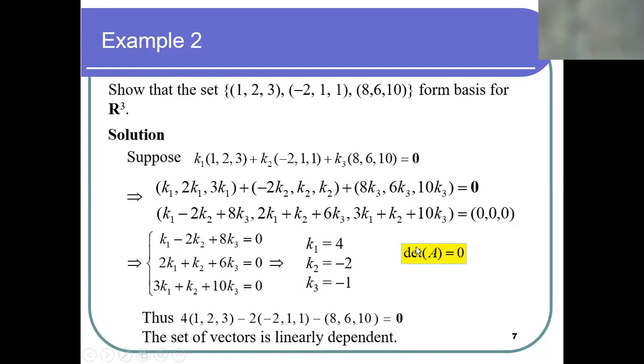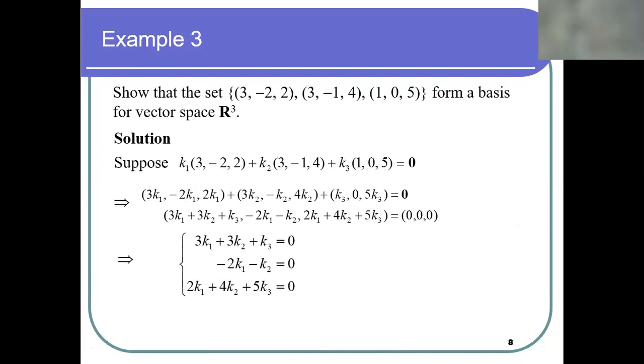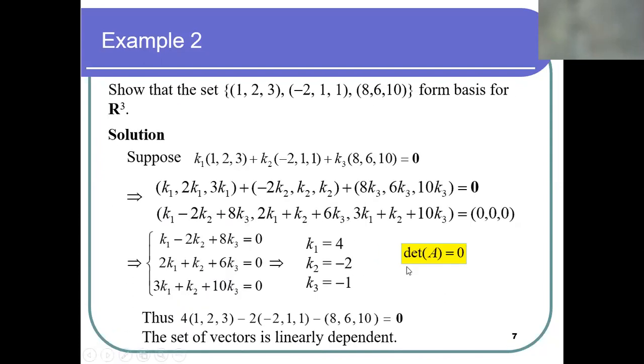But there is another way to find whether a set of vectors from any vector space is linearly independent or dependent. You can choose the determinant. From that you can also gauge linear independence and dependence. If the determinant is non-zero, then you can say the vectors given in any set are linearly independent.